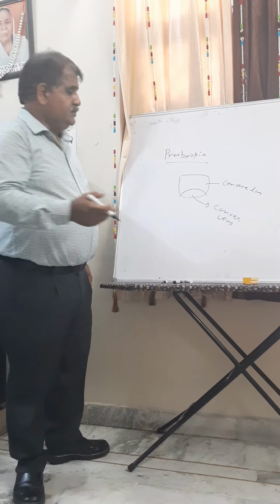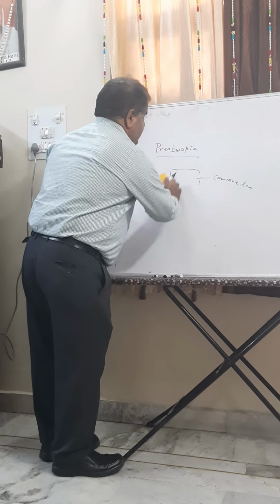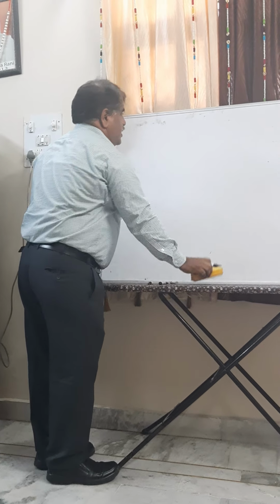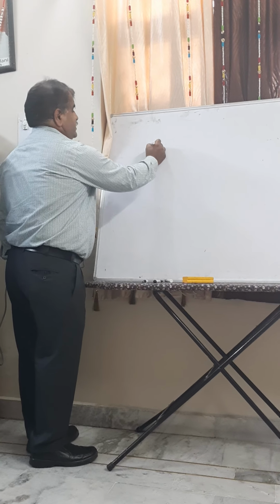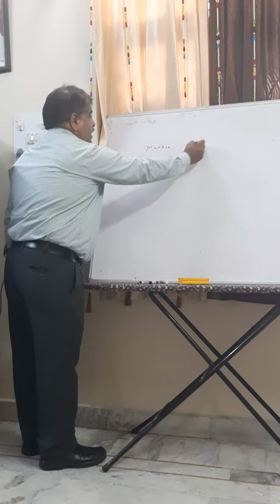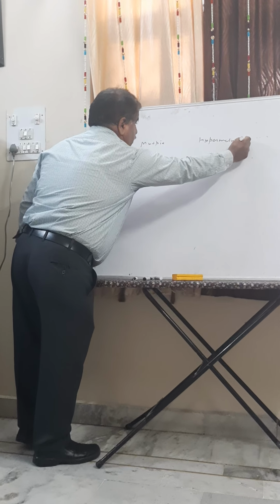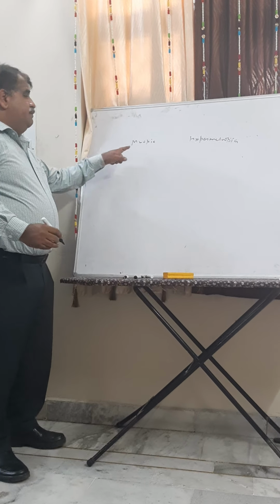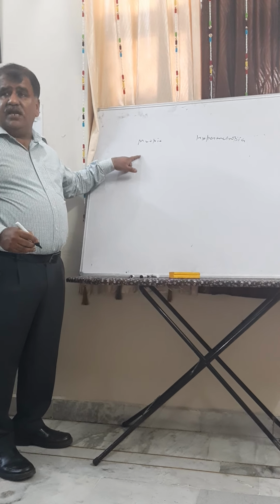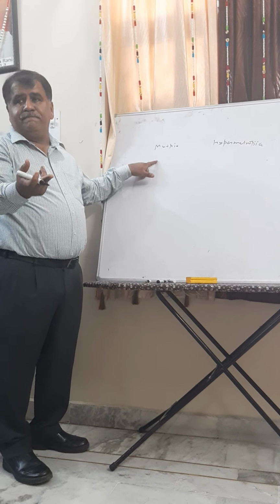Now let us sum up. In myopia and in hypermetropia, number one, in myopia a person can see nearby things clearly but cannot see distant objects clearly.